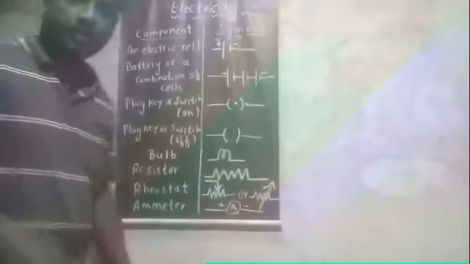That is the symbol used for rheostat. After that, ammeter. The ammeter symbol is: one terminal will be plus, one terminal will be minus. Inside the circle we write A. That is A, meaning ammeter. Suppose I erase this and write V, then it is a voltmeter.